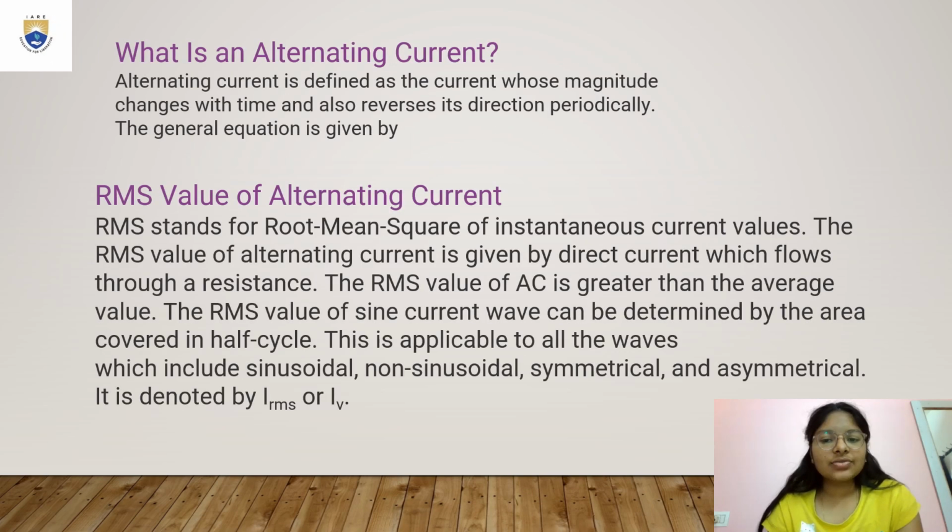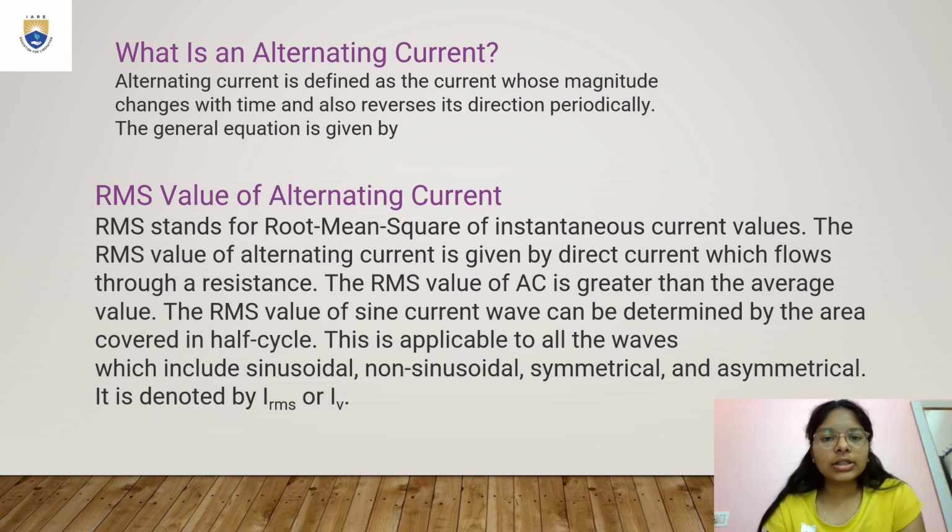As we discussed in the previous slide, we covered various topics, and in this one we will discuss those topics. What is an alternating current? Alternating current is defined as the current whose magnitude changes with time and also reverses its direction periodically. The general equation is given.